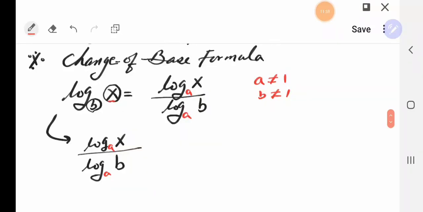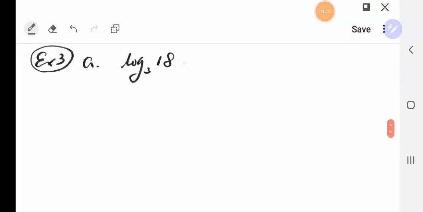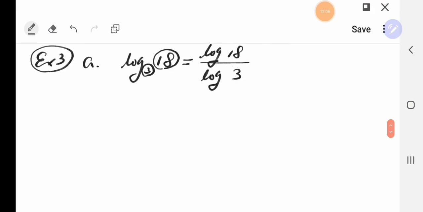Okay, using this, let's try another example. We can use the change of base formula so that we can write the logarithm as a quotient. So this 18 will move to the numerator, logarithm 18 over the log of 3. This base moves to the denominator, and the base can be any positive number not equal to 1.